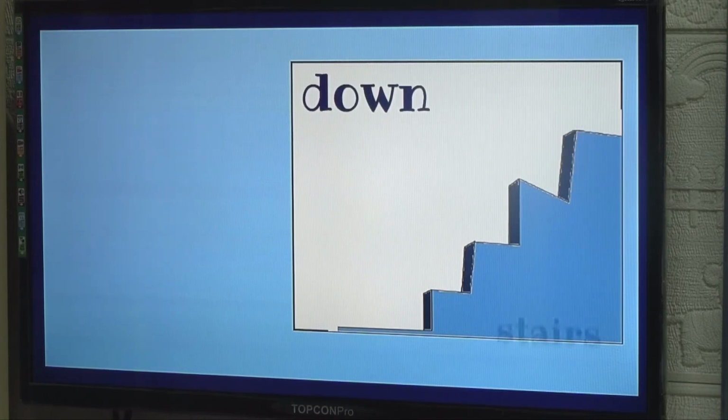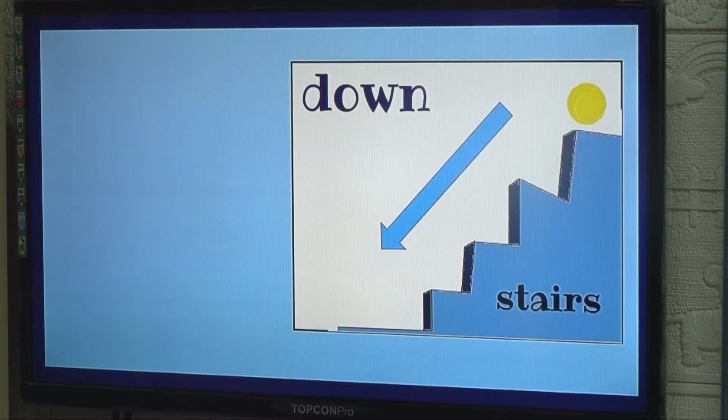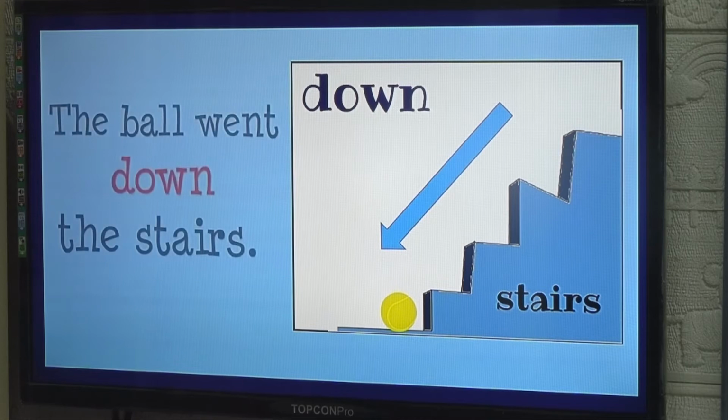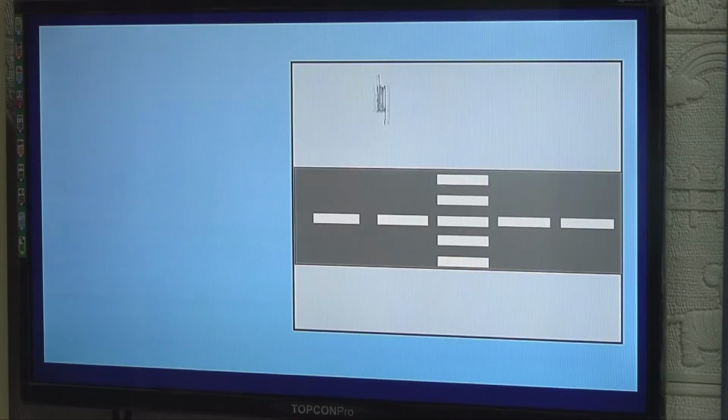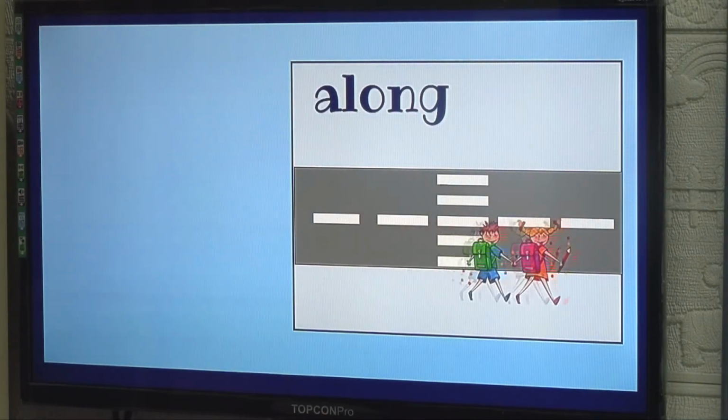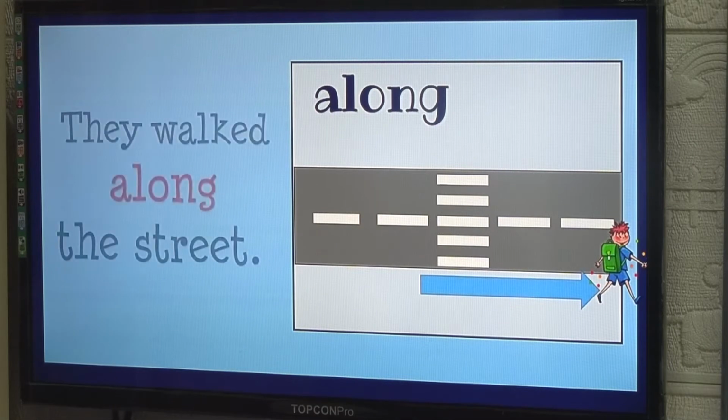Down. The ball went down the stairs. Along. They walked along the street.